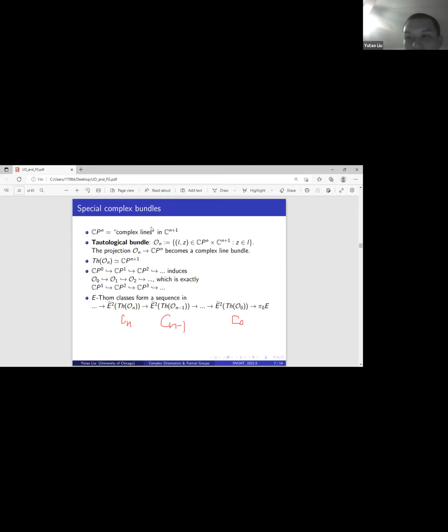Because the choice of the Thom class commutes with the products of vector bundles, and also O_n is the pullback of O_(n+1) through the inclusion from CP^n to CP^(n+1), if you consider this sequence, then the chosen Thom class here will be mapped to the Thom class here. So you will have a sequence of Thom classes, which will finally be mapped to a generator inside pi_0 E.